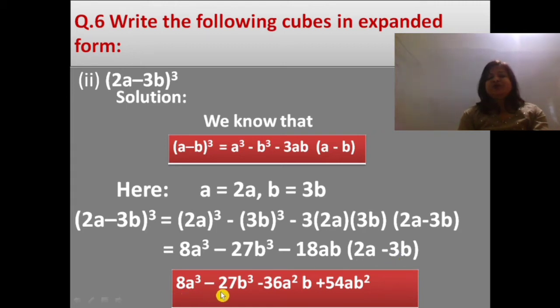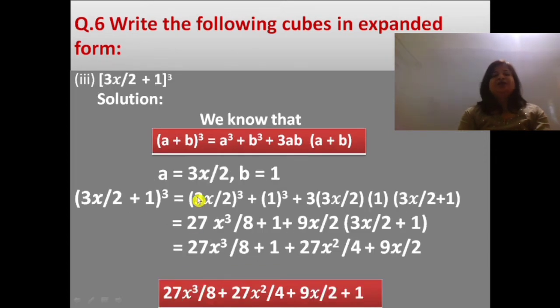Now 8a cube minus 27b cube minus 36a square b, because we have multiplied 18ab into 2a, then minus 36a square b will come. Plus, minus minus, that means plus 18ab into 3b, that means 54ab square will come. So this is the expanded form of (2a - 3b) whole cube. So this is the final answer of the second part.